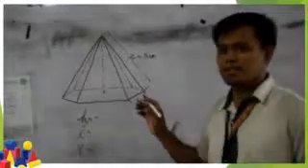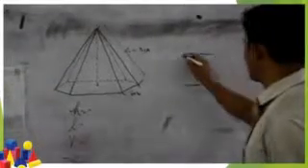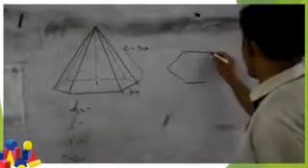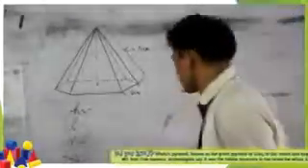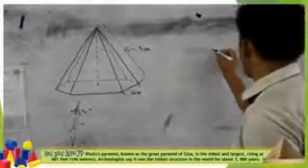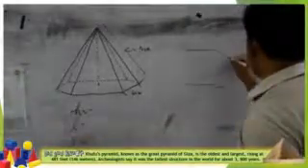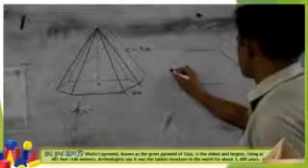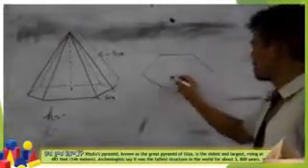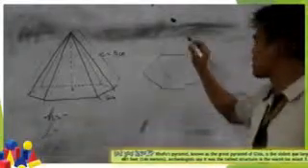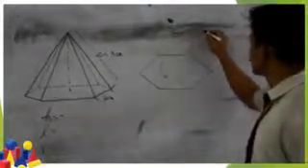Now let us consider the base. Since this is a regular hexagonal pyramid, we assume that the base is also a regular hexagon. Therefore, we know that the measure of the angles around the center of the polygon is 360 degrees.